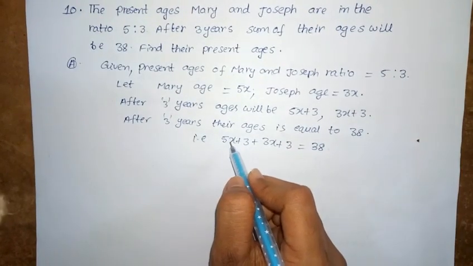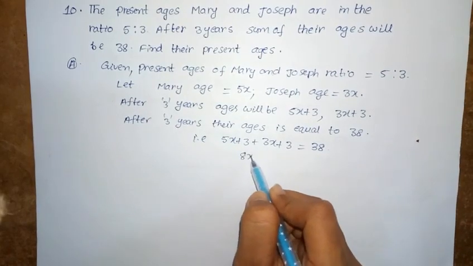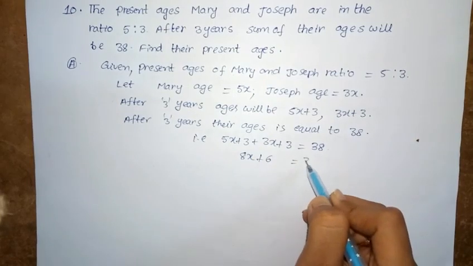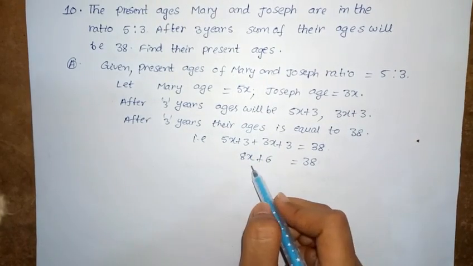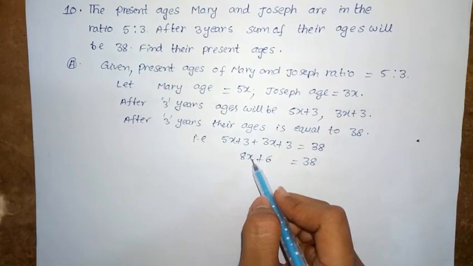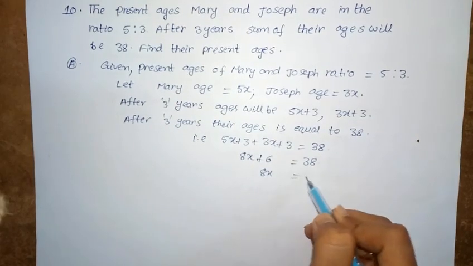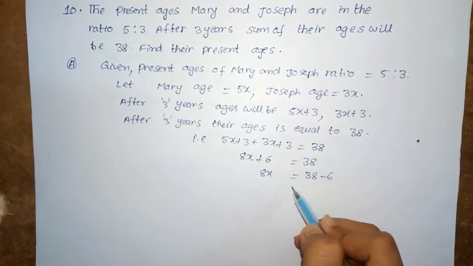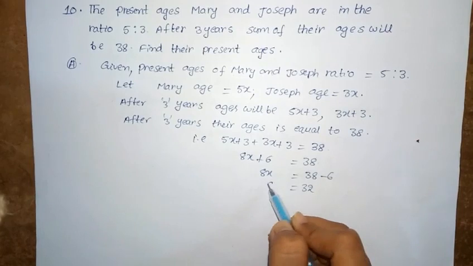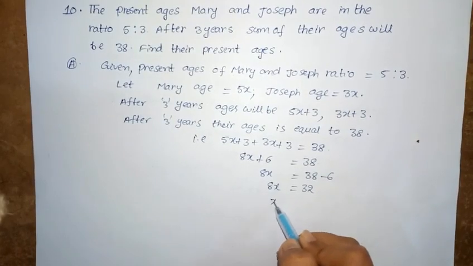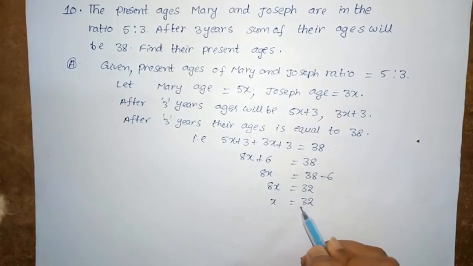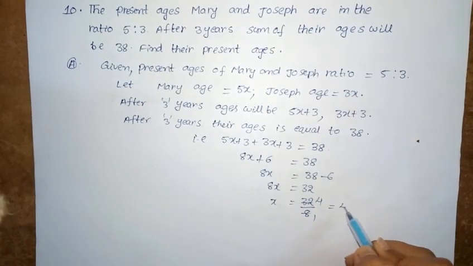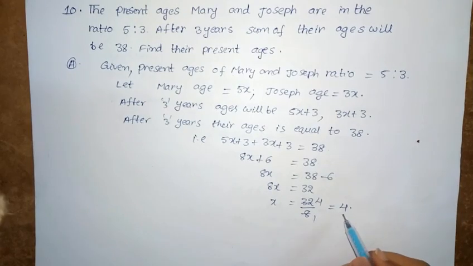So add the variables: 5x plus 3x becomes 8x, plus 3 and plus 3 becomes plus 6, equal to 38. From this, simplify the x value: 8x equals 38, the 6 moves to the right side as minus 6, so it is equal to 32. So this is the 8x value. Find the x value: x equals 32 by 8, 8 1s are 8, 8 4s are 32, so x equals 4.